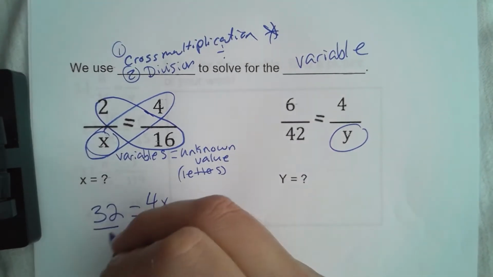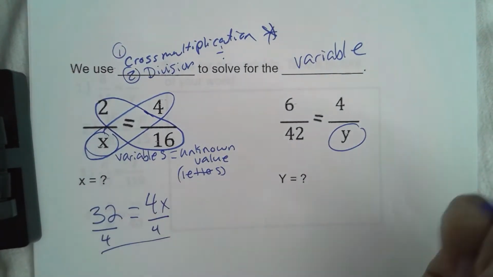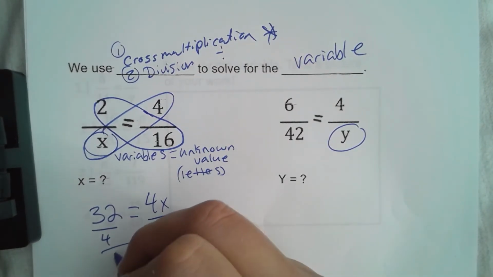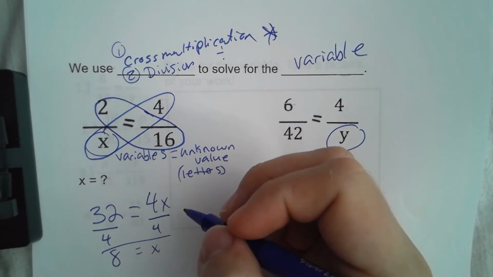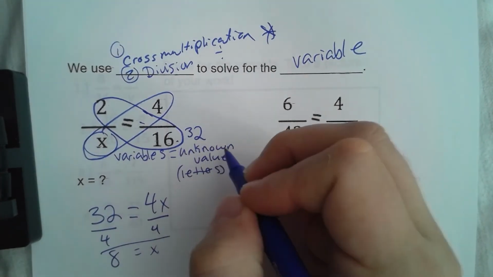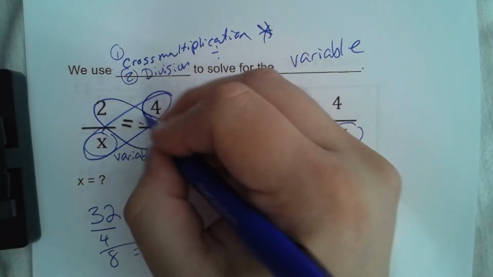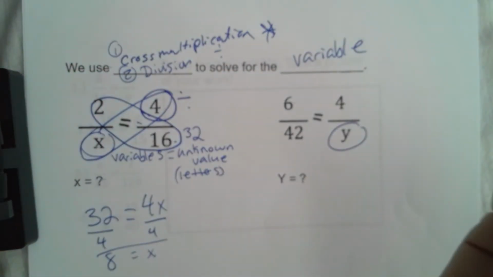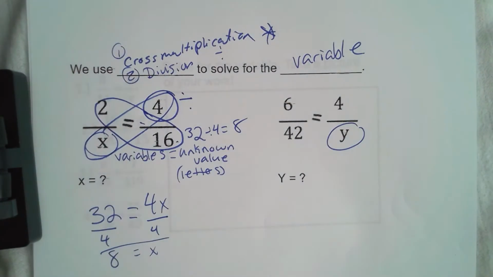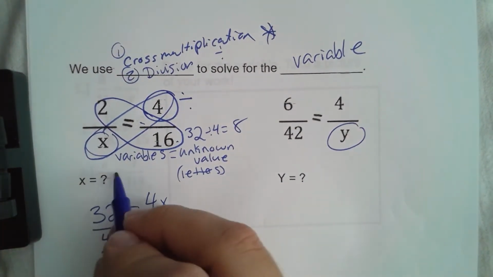And then hopefully you remember how to solve one-step equations, and then x equals 8. But what you can just do is 2 times 16 is 32, and then the number that's here, you're just going to divide. So you do 32 divided by 4, and you get 8. So x equals 8.